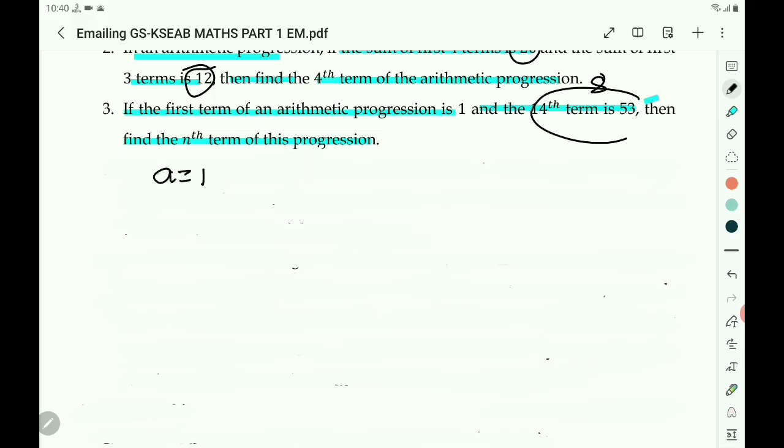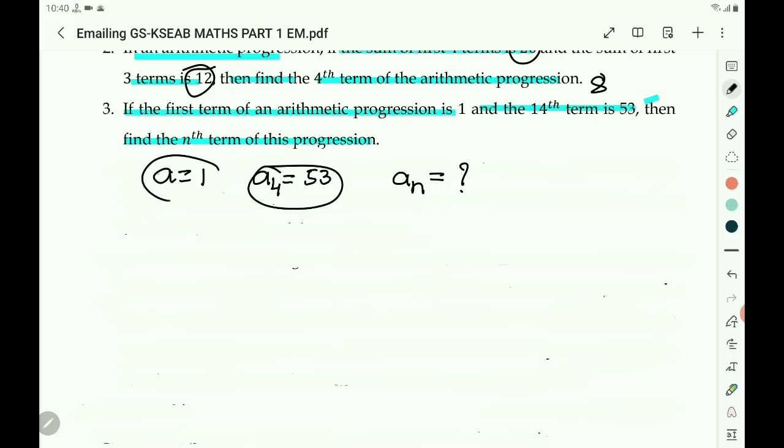And 14th term is 53, a14 equals 53. What we have to find out? We have to find out nth term, an. Now you take this a14 and a and get d. After getting d, find out an by using the formula an equals a plus n minus 1 into d.